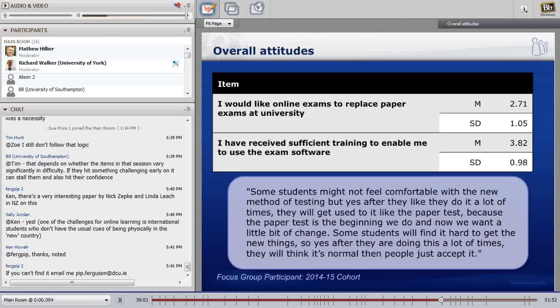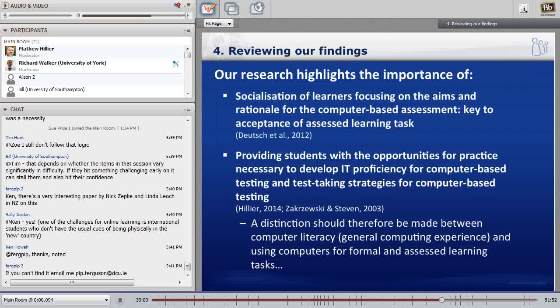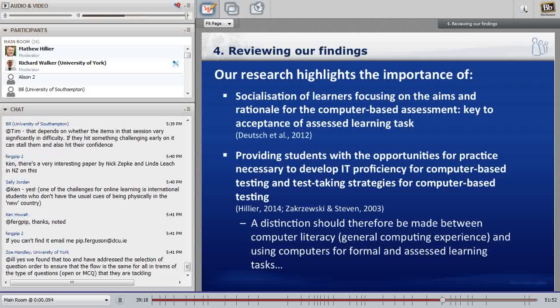So to sum up, what we found was that general socialization, as found in other research, is still important. You still need to explain to students the rationale for doing the exam and to really highlight the benefits to them of doing the exam in this way, for example, being able to turn around the feedback to them in good time.